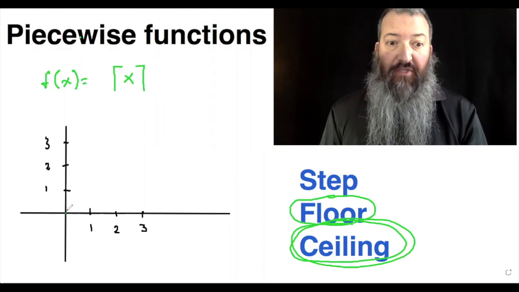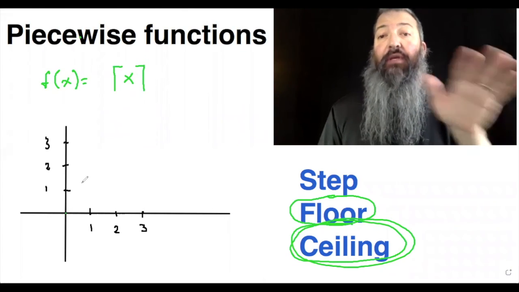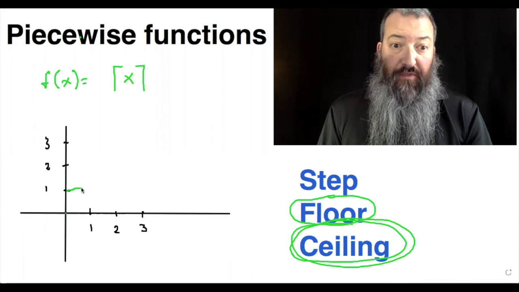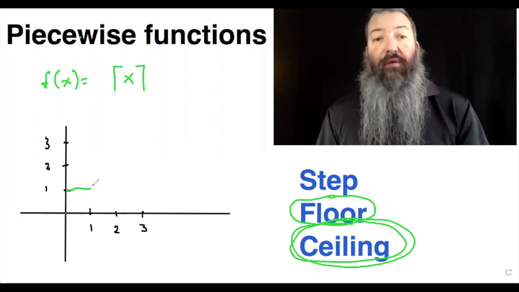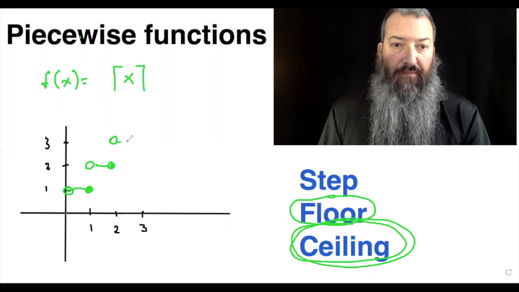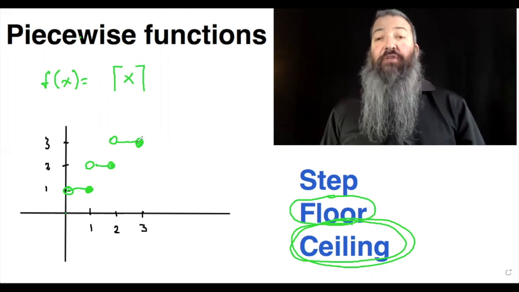So anything between 0 and 1 for a ceiling function, now we're rounding up. So between 0 and 1, we are now rounding up. That's what it looks like. Piecewise functions.